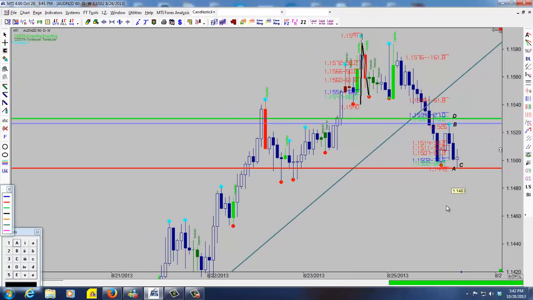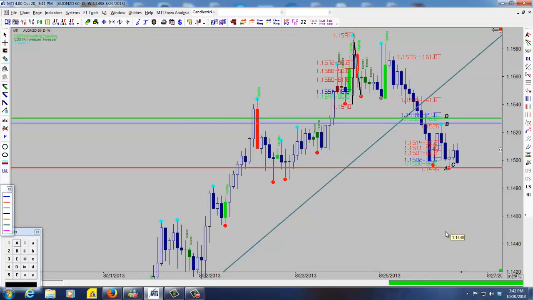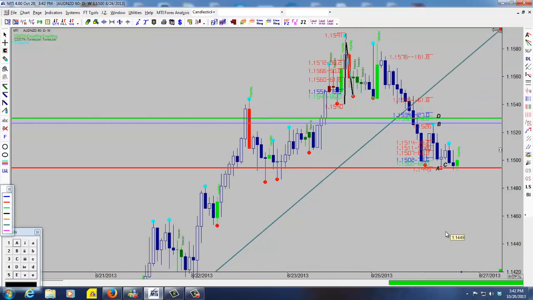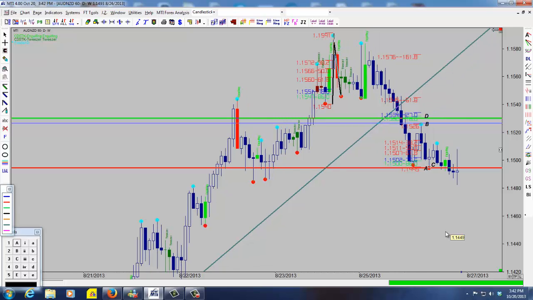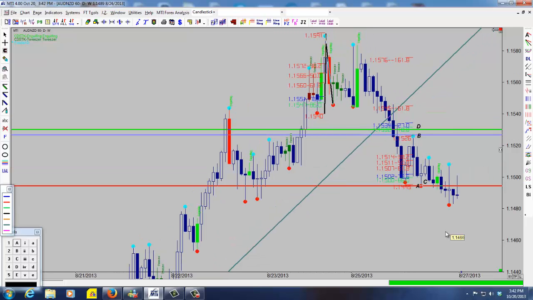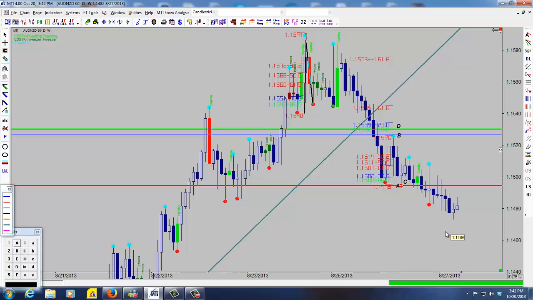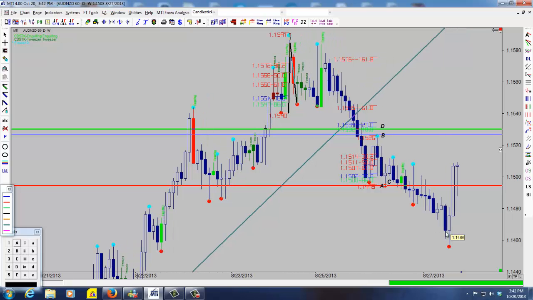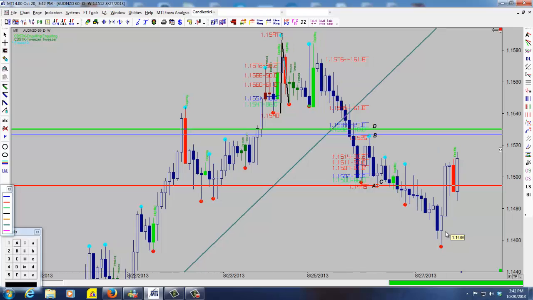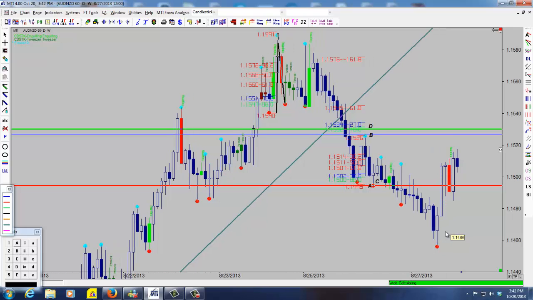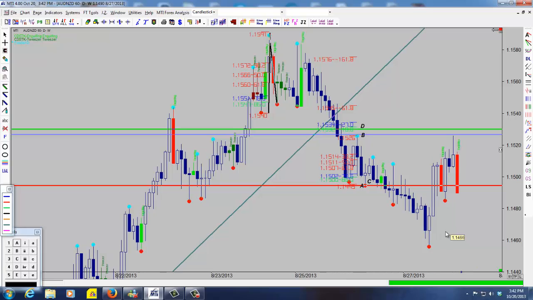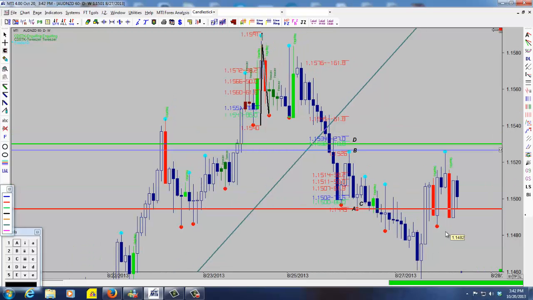Remember, if A gets taken out, A is taken out again. Second trade does not work.